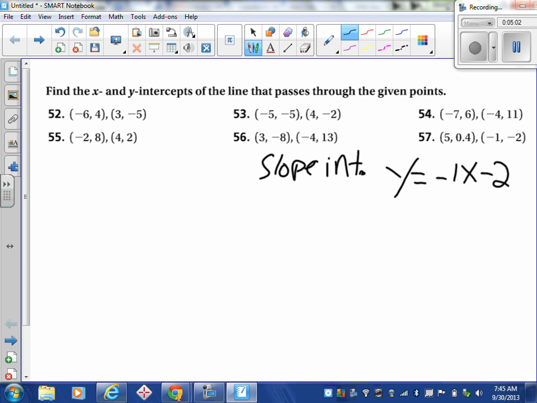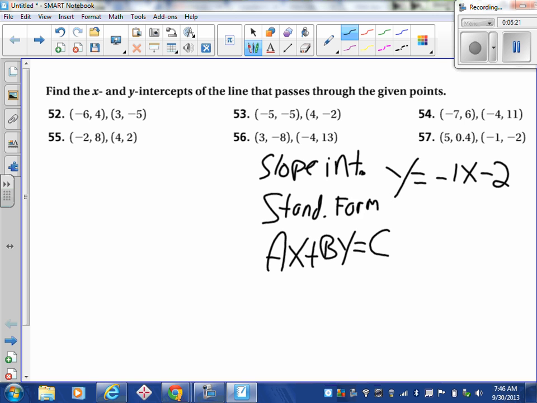Now I want to change it into standard form. Standard form again, remember, is ax plus by equals c.